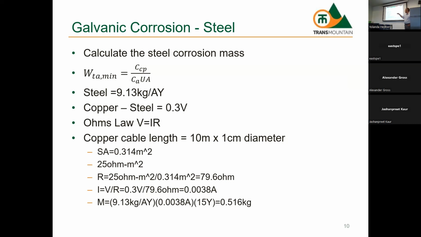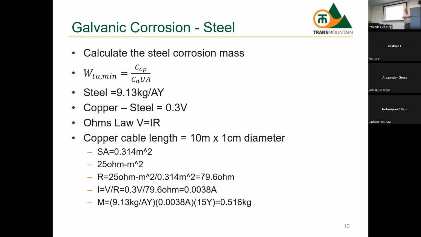Again, copper minus steel is 0.3 volts. So when we put that 0.3 volts, which is very low, into Ohm's law, we can figure out how much mass is lost on the steel. To do that, we have to say, okay, how much steel do we have? The steel that we have that's the anode is only what's buried.